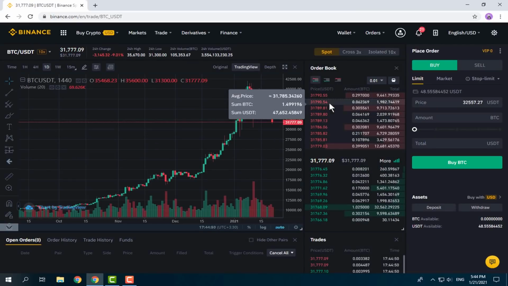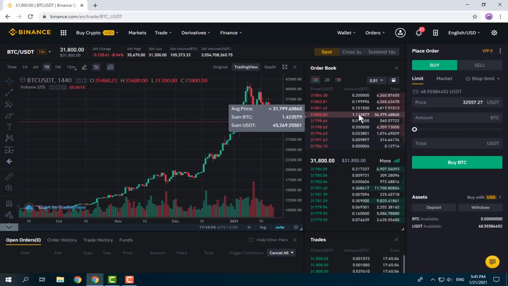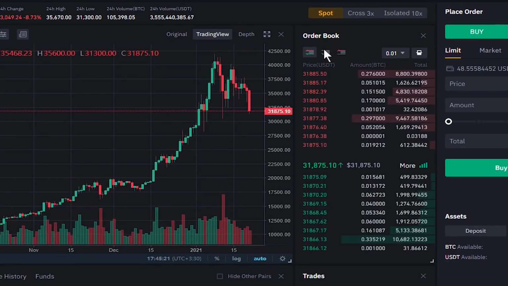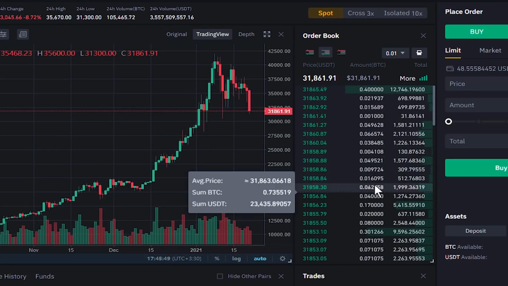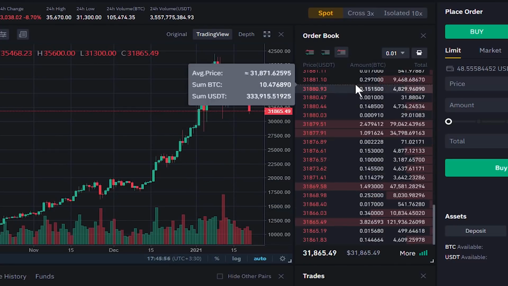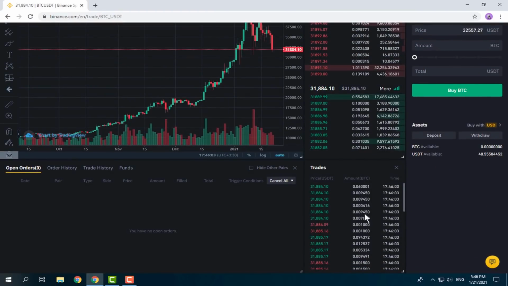I've already explained the order book that shows pending buying and selling orders. Here, by the help of these buttons, you can have a larger list of only pending buying orders or pending selling orders. And I also explained that the most recent completed orders are shown here in the trades section.